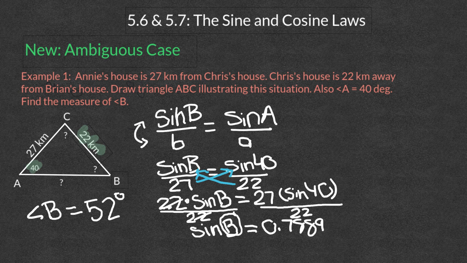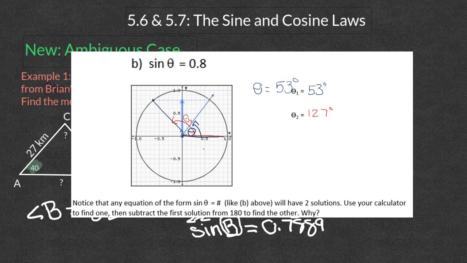So if you look at your handout right now, it reminds you of something that we talked about last lesson. So I'm just going to put this up here for a minute. This was from our last video lesson, if you watched that one, when we had sine theta equals 0.8.